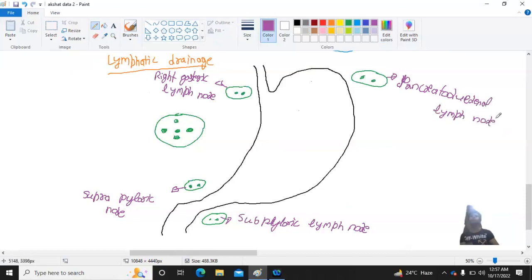Pancreaticoduodenal basically; right and left we can also see. These are the right and left.